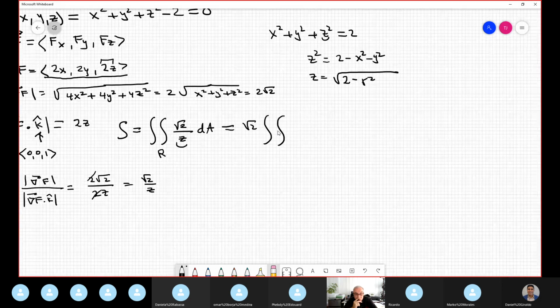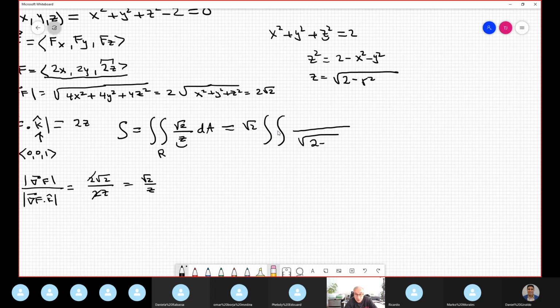So my integrand, in the denominator, z is the square root of 2 minus r squared.